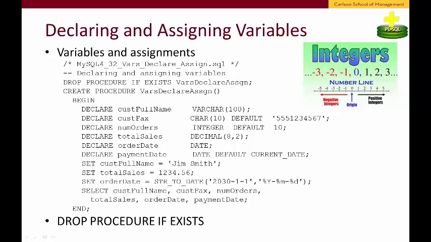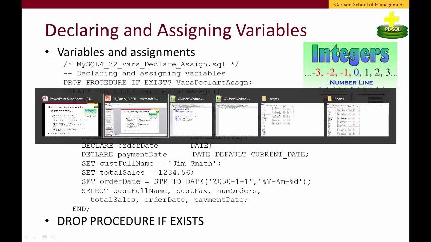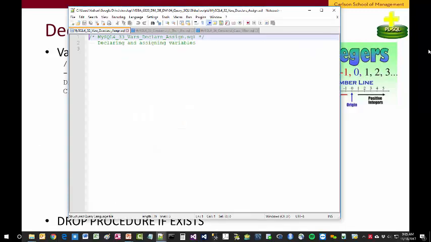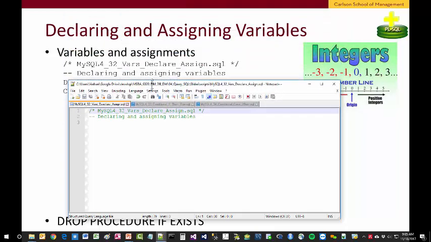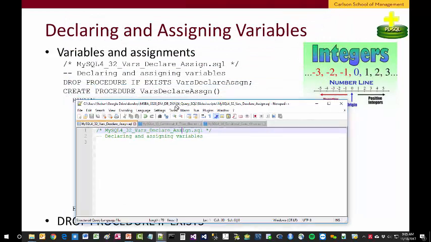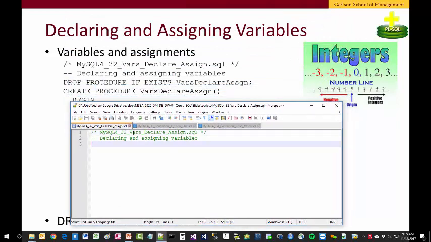Okay, so at this point we'll switch to the MySQL 32 vars declare assignment.sql, and I'm going to try to make it smaller so I can see the code behind it. And we'll start by coding the drop procedure if exists.